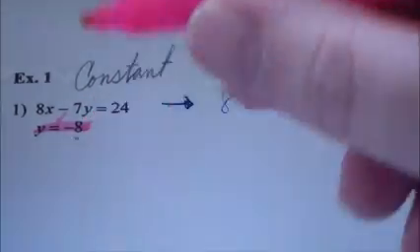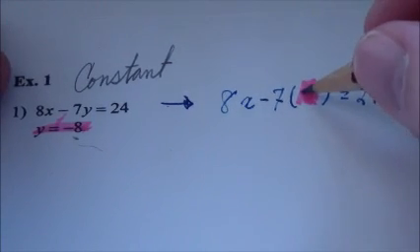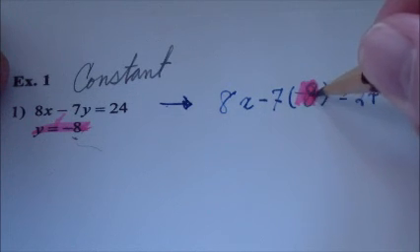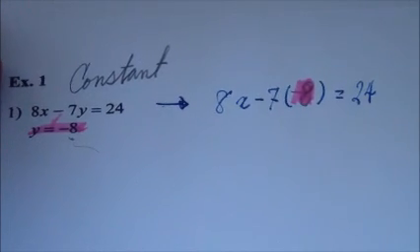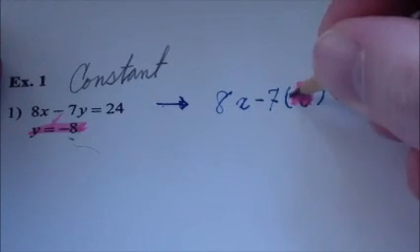So what that y was is going to be placed over here. So this is negative 8. Let me make that negative sign a little clearer.